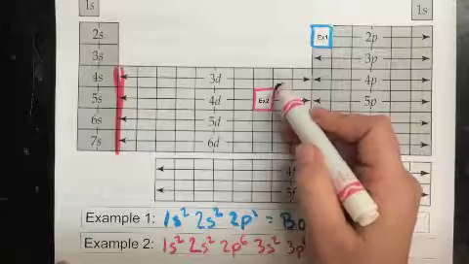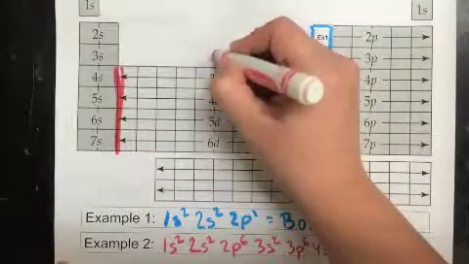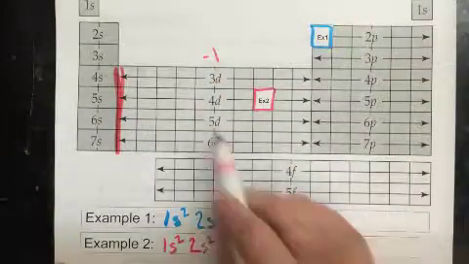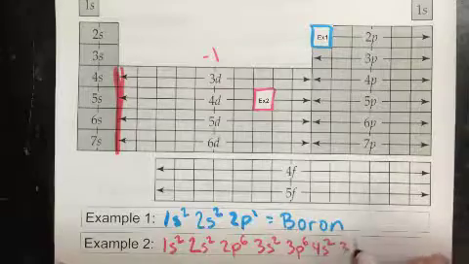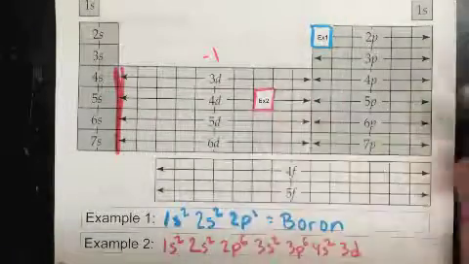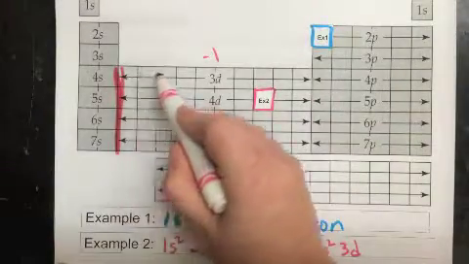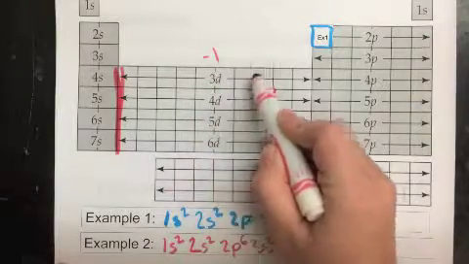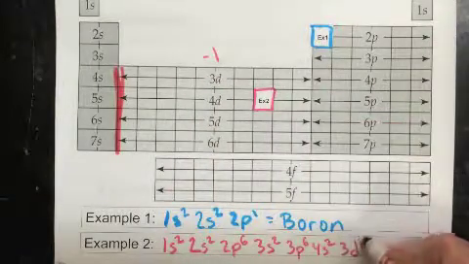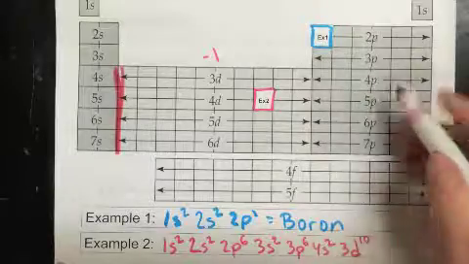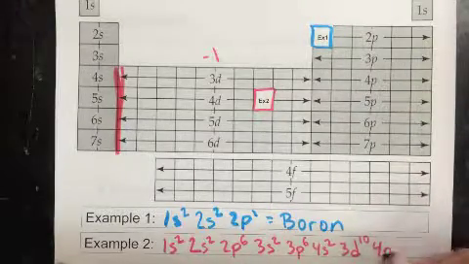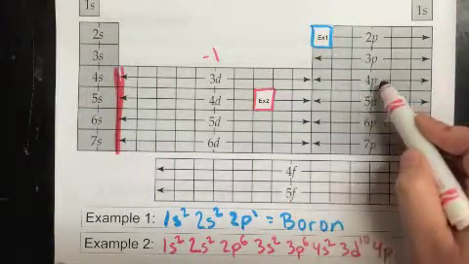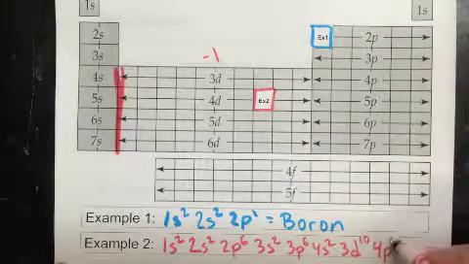Now when you get to your d's, you have to remember to subtract 1 from the row number. So we get 3d. And you count if you can't remember how many d holds. So 1, 2, 3, 4, 5, 6, 7, 8, 9, 10. So 3d10. Move across. 4p. 1, 2, 3, 4, 5, 6.